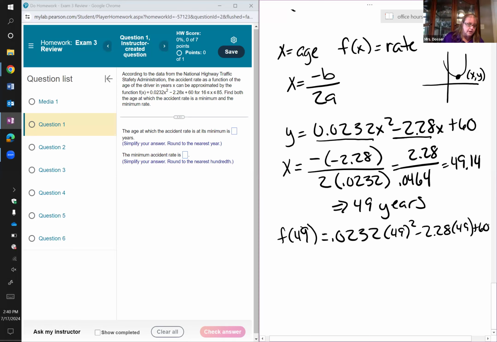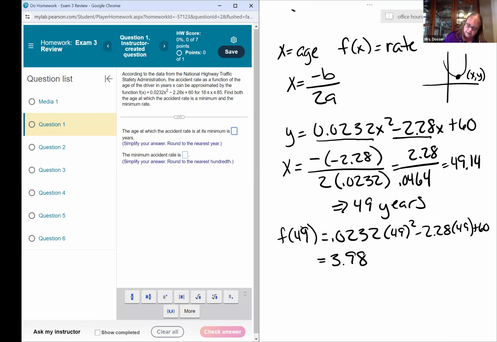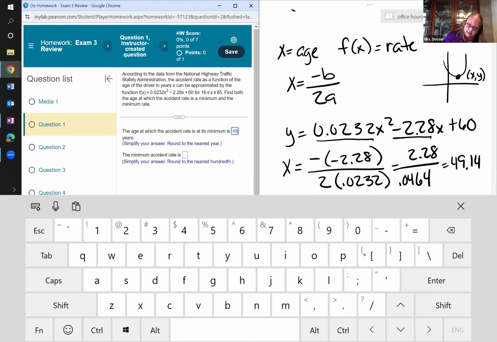We plug that all in our calculator to simplify, and we end up with 3.98. This one did want us to round to the nearest hundredth, which is 2 decimal places, so we've rounded that to get 3.98. And so the minimum is at 49 years, and the minimum accident rate is 3.98.